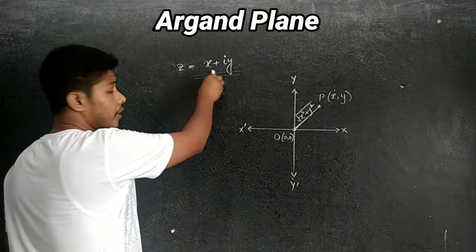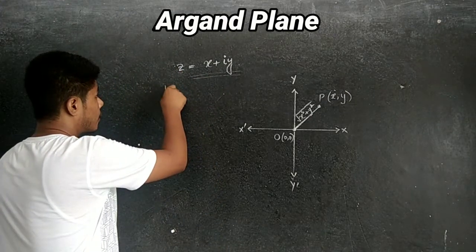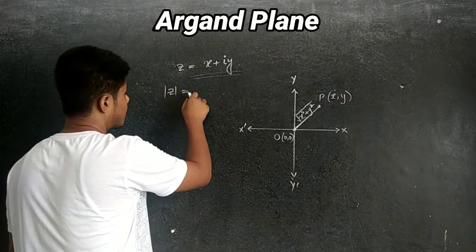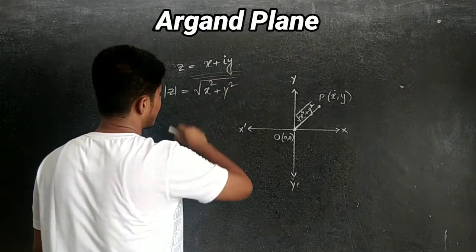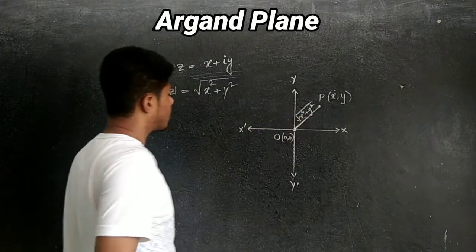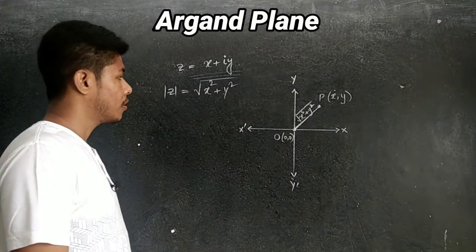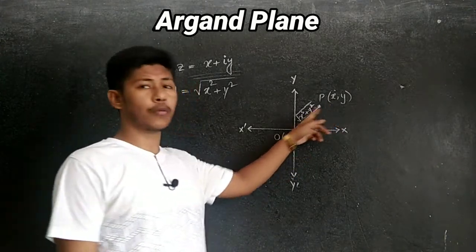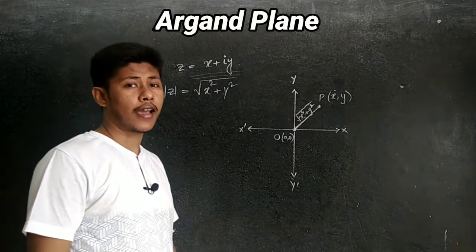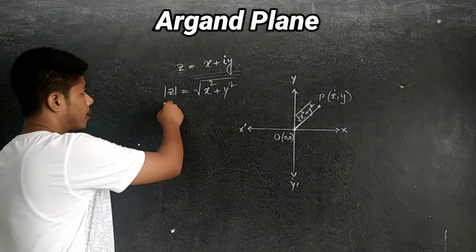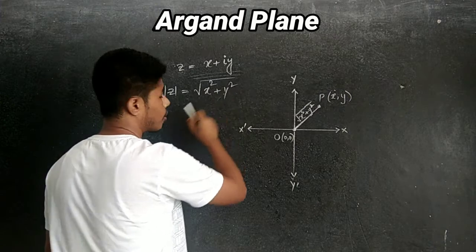If a complex number z equals x plus iy, and anyone asks you to find the modulus of z, then you have to write root over x square plus y square. This is the same as the distance formula result, root over x square plus y square, or not? So we use the distance formula and get this result, and the modulus of z is also root over x square plus y square.